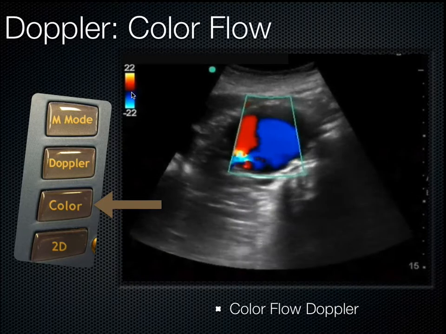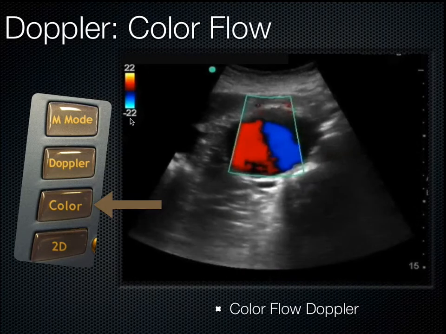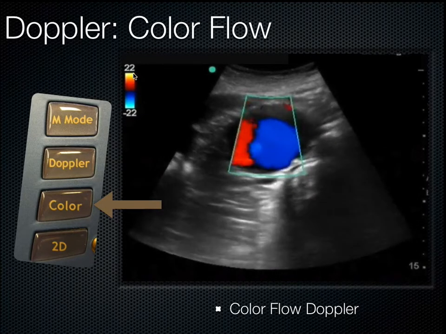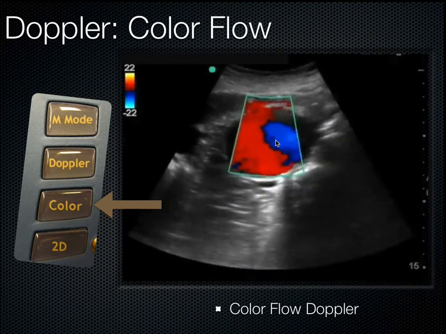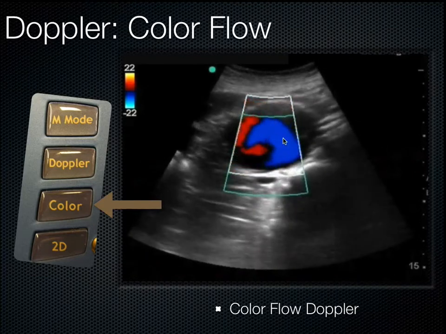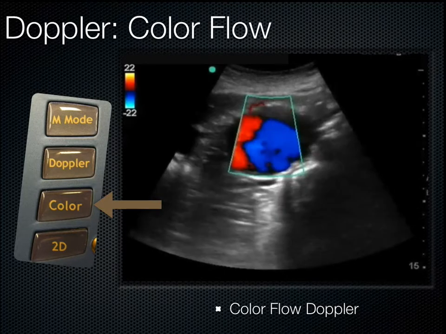So that's one way to remember that. Red is flow towards the probe, blue is flow away. The other way is to think about BART, B-A-R-T, blue away, red towards. And essentially, this is a big aortic aneurysm seen here, and there's some yin and yang, or to and fro flow going on here. That's how that looks there.